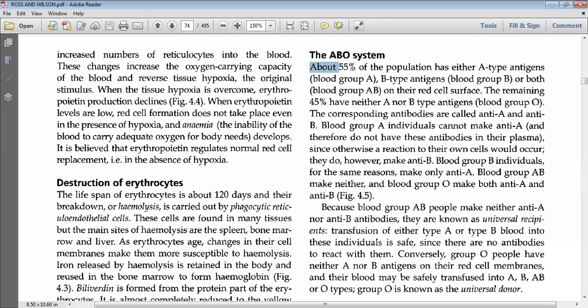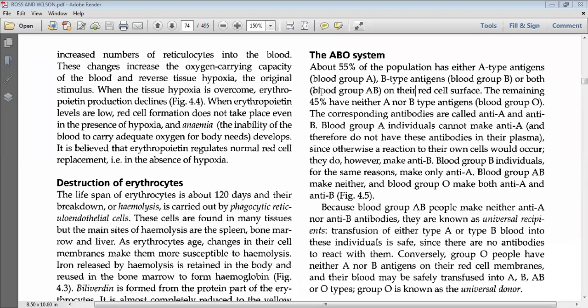So about 55% of the population have A type of antigen and B type of antigen, or both A and B on their red cell surface. The remaining 45% have neither A nor B type of antigen, which comes under blood group O. So this is the ABO system.